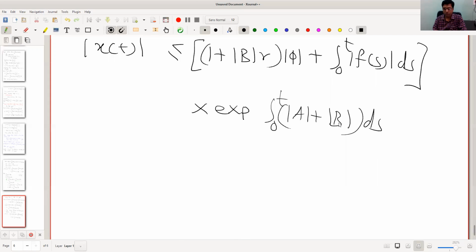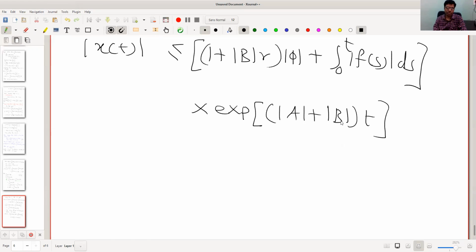It is mod A plus mod B into t. So e raised to mod A plus mod B into t.